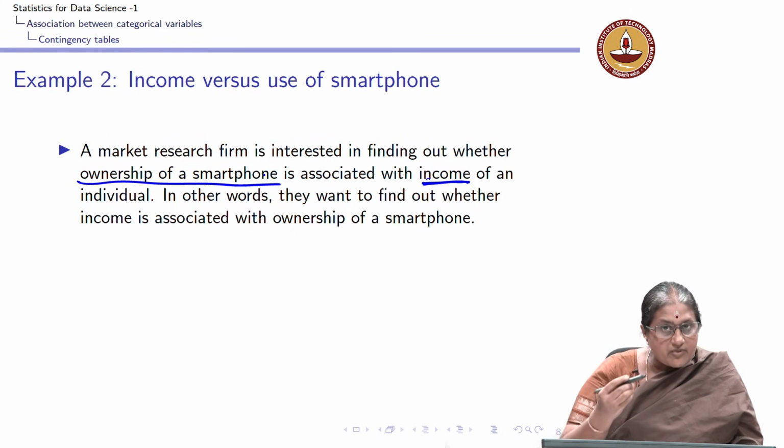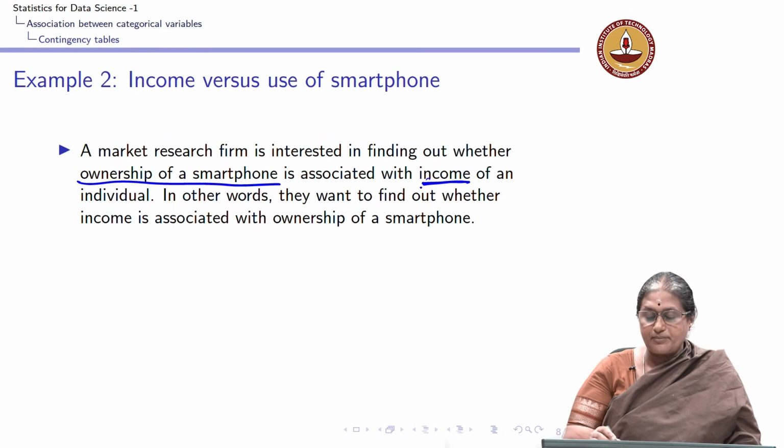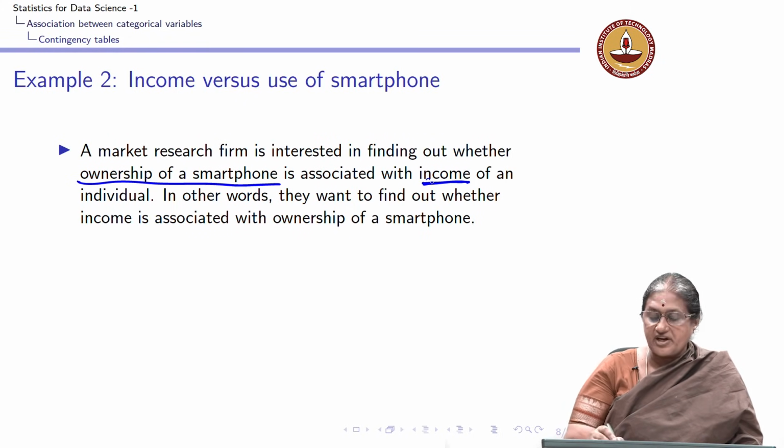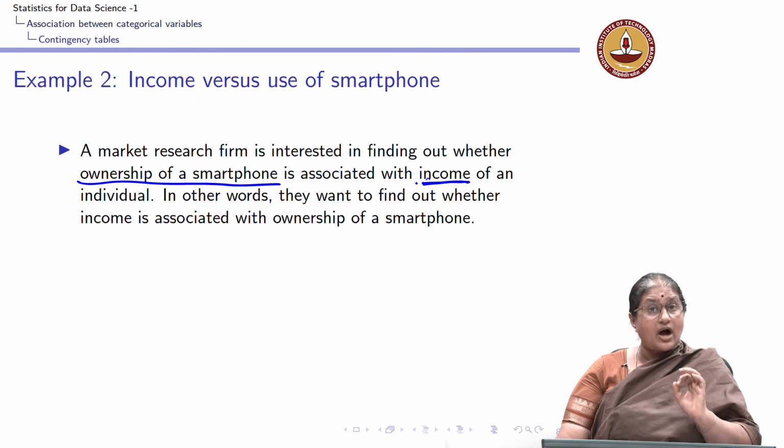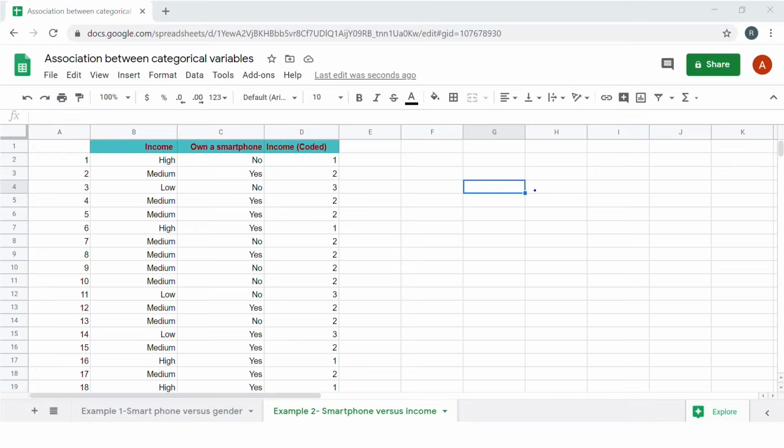This was the variable we considered in our earlier example, but now instead of gender, I am considering income. Now, how is this income recorded? The income is recorded as high, medium or low. So, we have categorized this income into three categories, and the values of this income variable are high, medium and low.